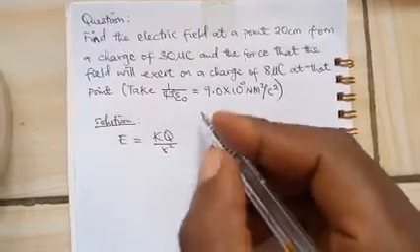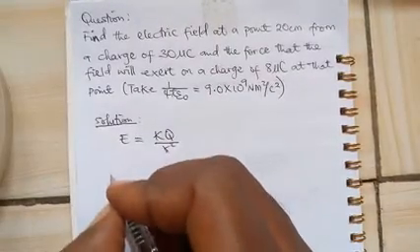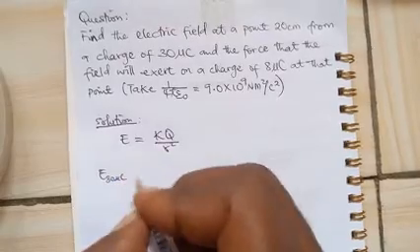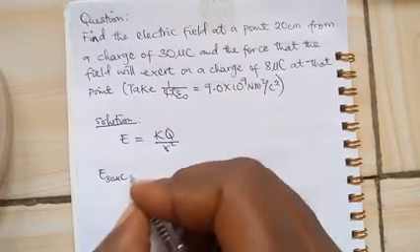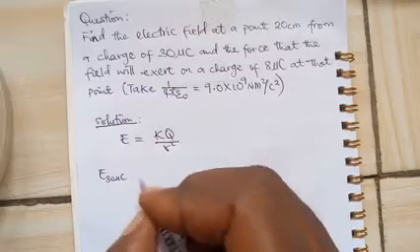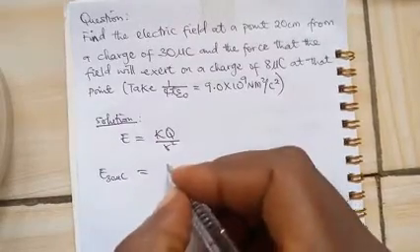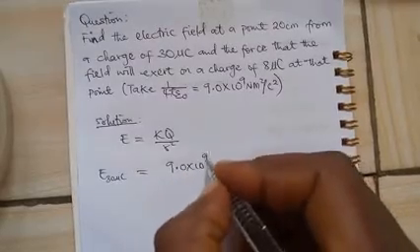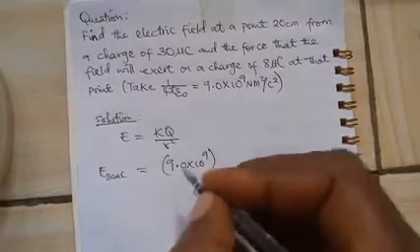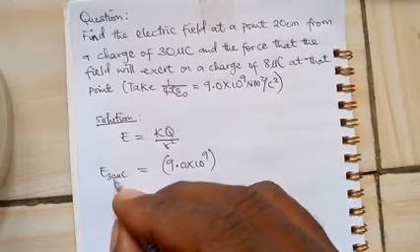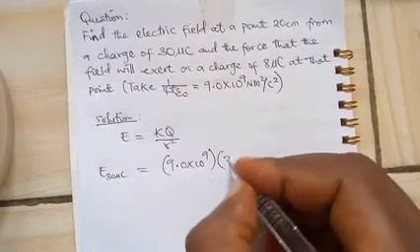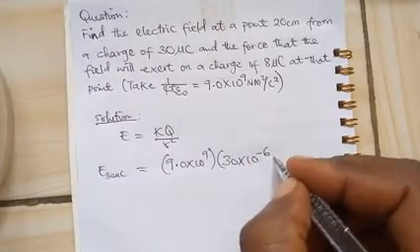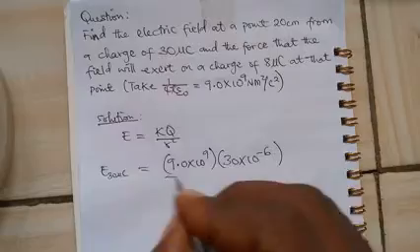So what we're going to do is that the electric field due to the 30 microcoulomb charge is giving us 9.0 times 10 raised to power 9 times the charge, that is 30 micro, which means times 10 raised to power minus 6 coulomb, all over.